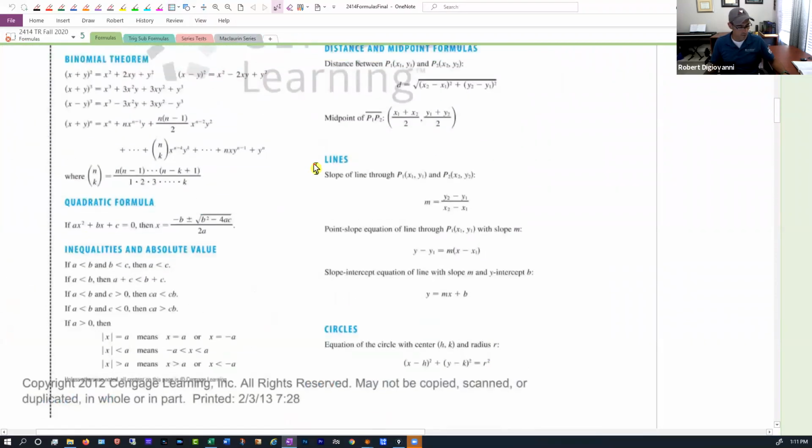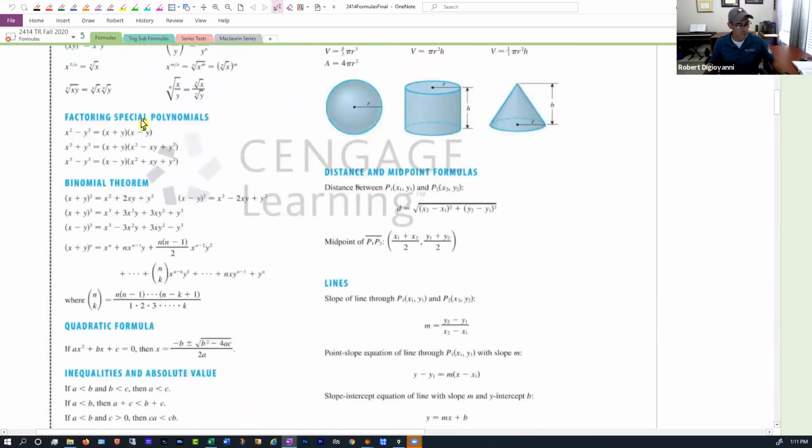There it is, factoring special polynomials: the sum of cubes and the difference of cubes. So what we have is x cubed plus 1 cubed. We leave x to be x, and we replace the y's with 1s. So we're plugging into that formula right there, the second one. Any questions there?